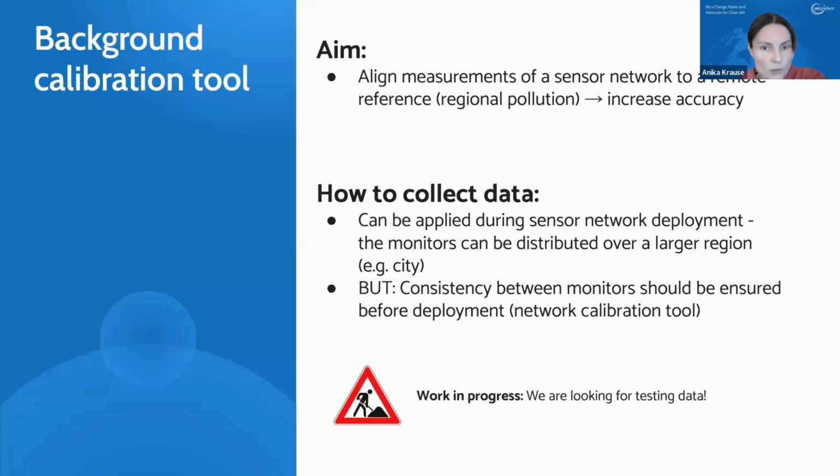But it is, of course, useful to check the consistency before you distribute your network. So basically, before you distribute your sensors to the individual locations, it would be nice to place them all together and make sure that they all measure the same. And if they don't measure all the same, you can use the network calibration tool to align them to each other.